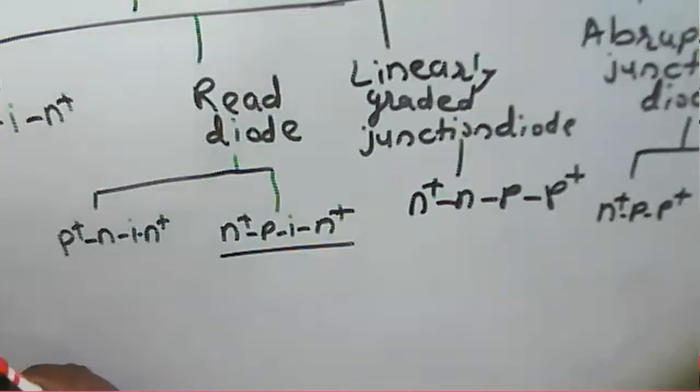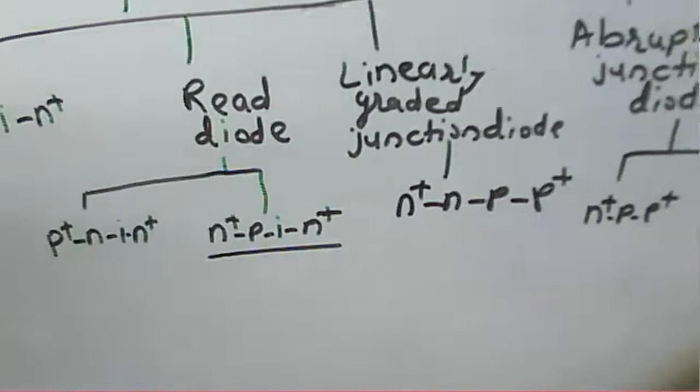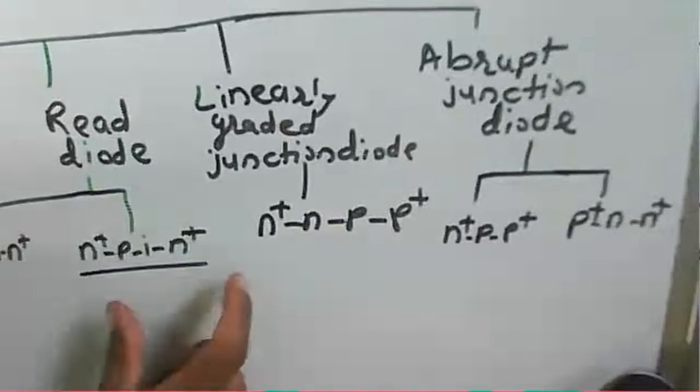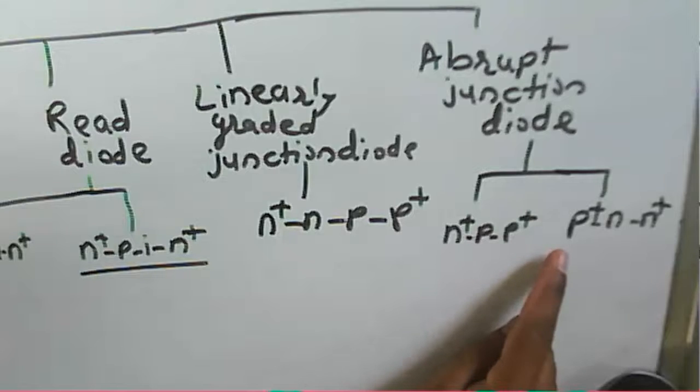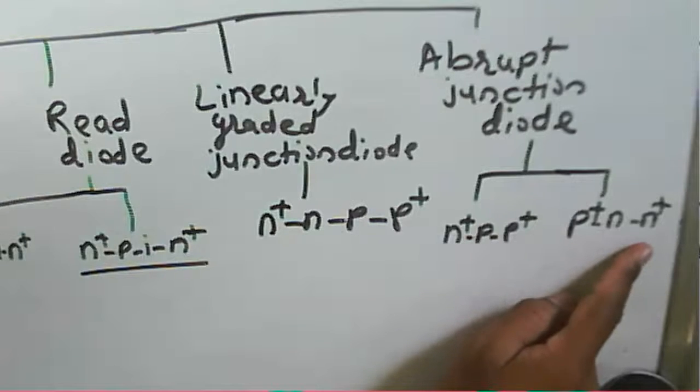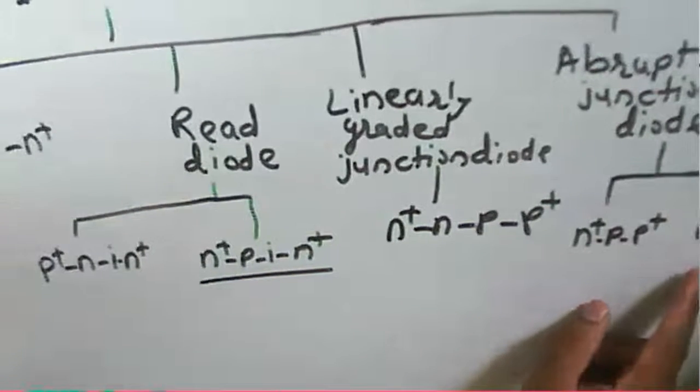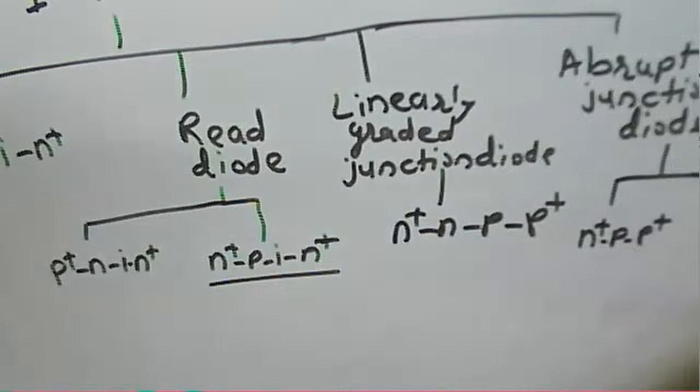So we see that that is about another junction, or the abrupt junction impact diode that we'll see. Okay, so the PIN diode, these are about the construction. So we talk about this N plus P, P plus, or P N N plus. That is about the impact diode. We will see it in the next lecture.